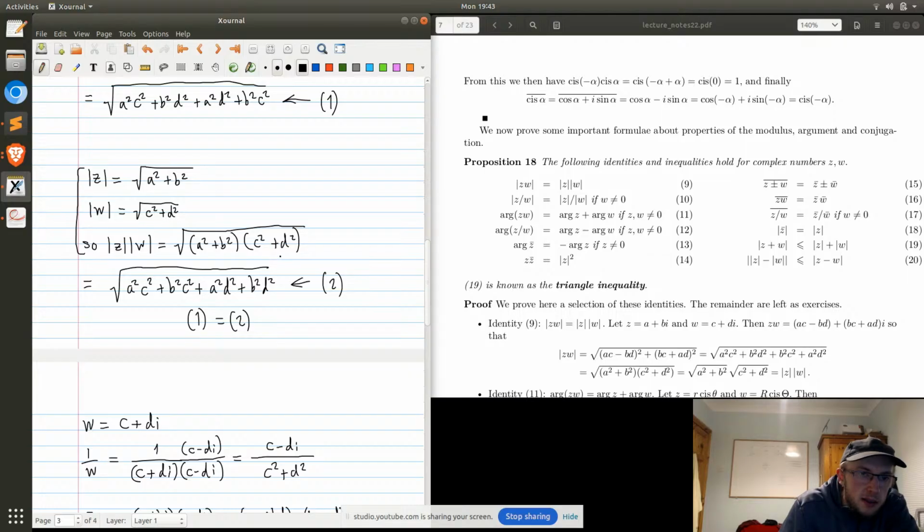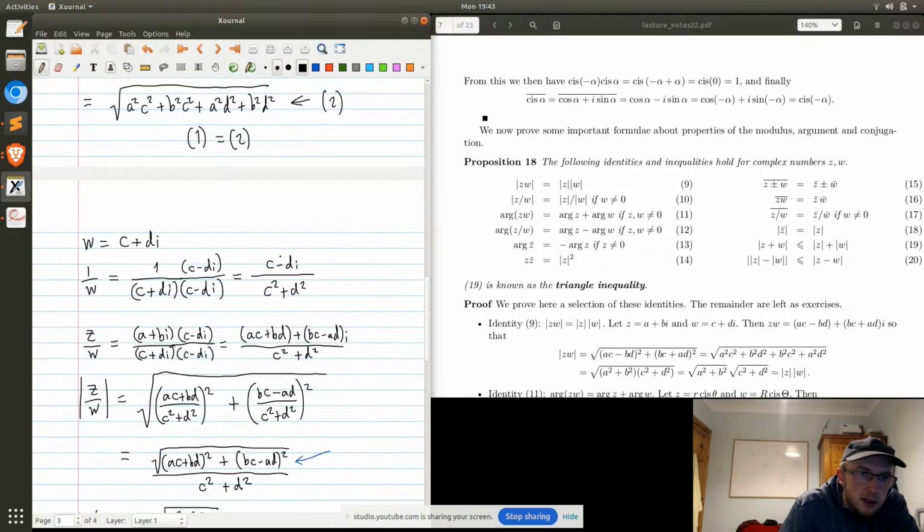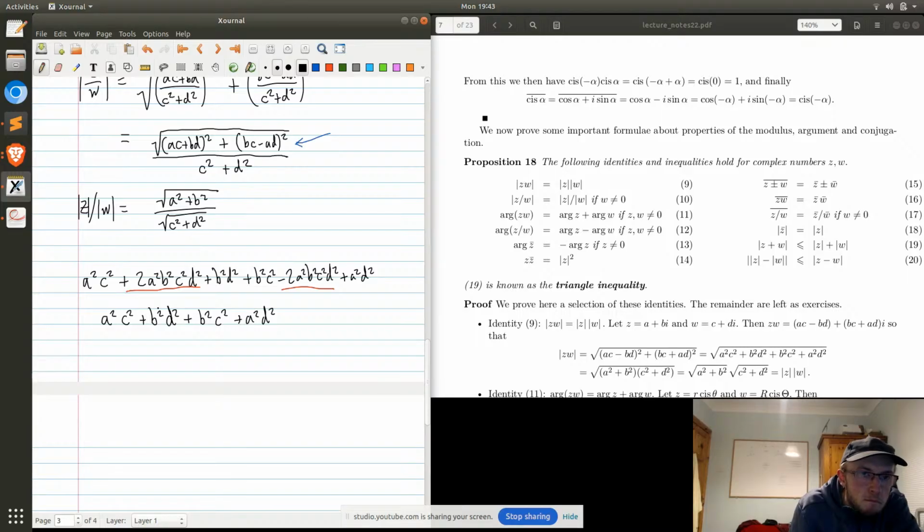A squared of b squared times c squared of d squared. Right, so obviously these aren't the same thing, and this is just complete rubbish.